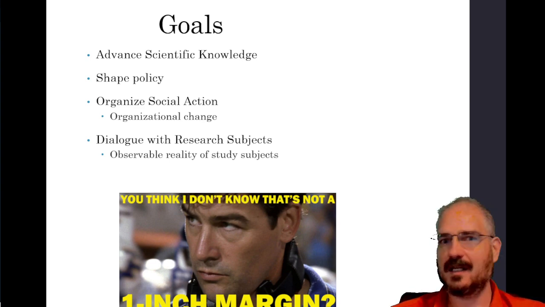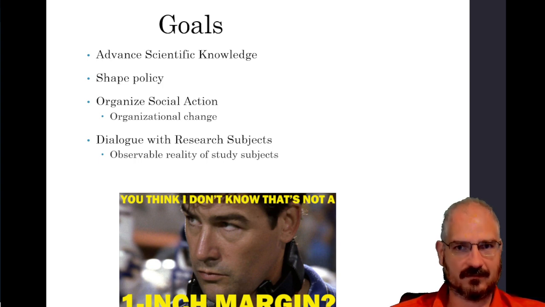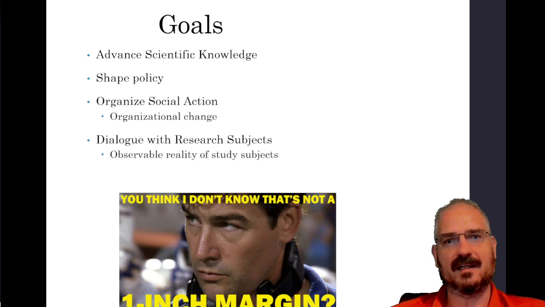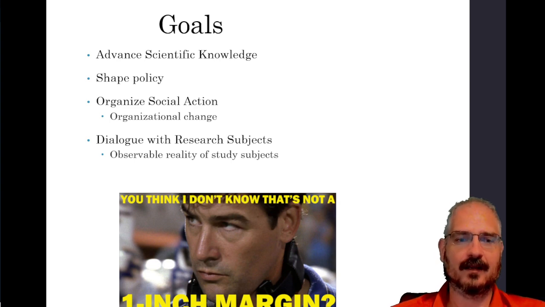That might be the key to somebody else figuring out something that is very important and has a huge real world impact, right? So just getting more information out, advancing science, even if it doesn't have any obvious real world impact yet, right? We also want to shape policy, right?